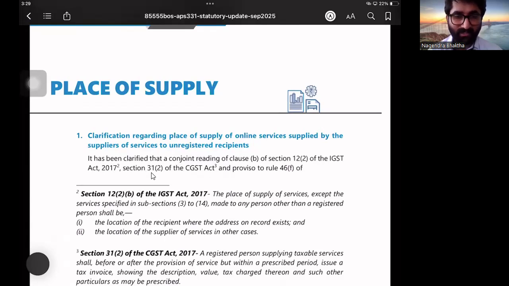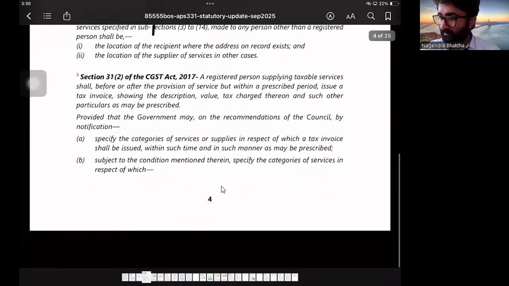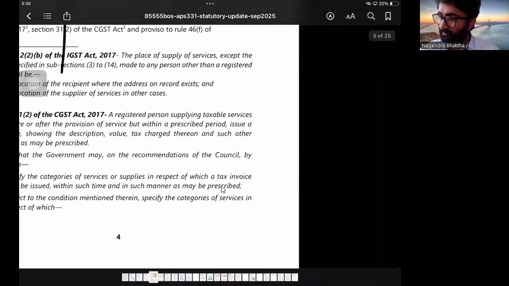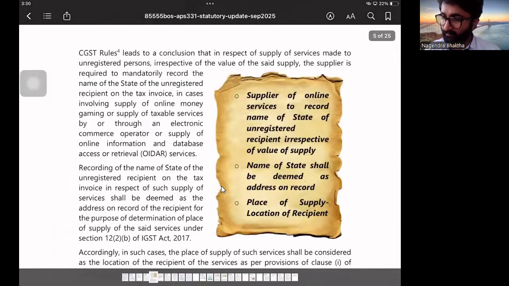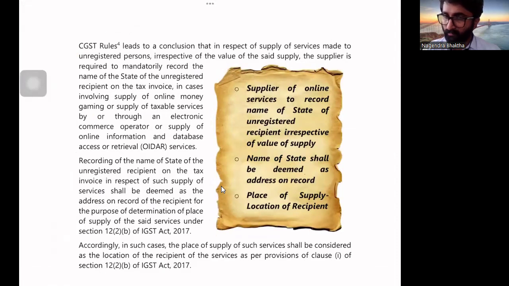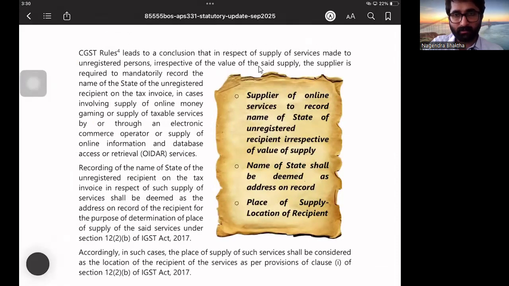You remember this? The section 31, subsection 2 of the CGST Act and the proviso to rule 46F of the CGST rules.